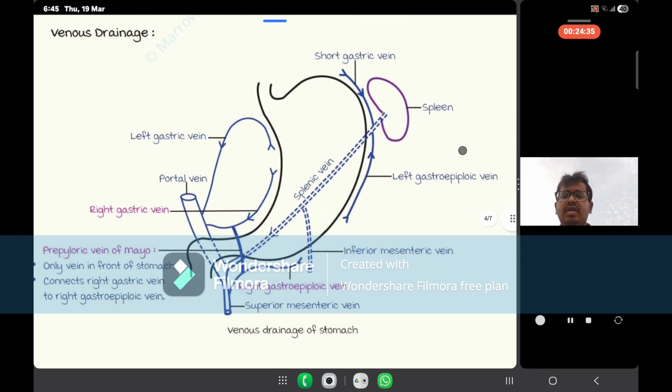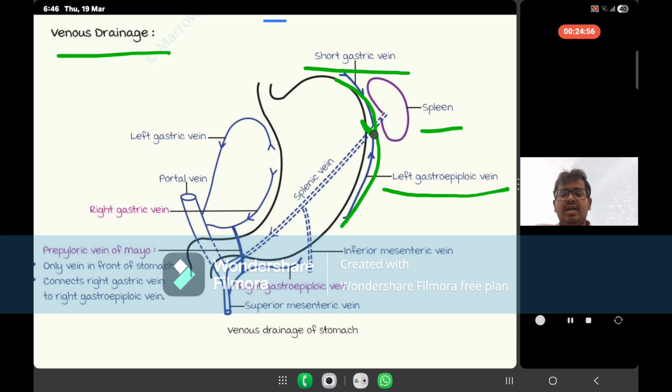Now when we see the venous drainage, from the behind, this is the spleen. This is the short gastric vein. It comes here, and the left gastroepiploic vein comes here and drains into the splenic vein. This is the superior mesenteric vein.